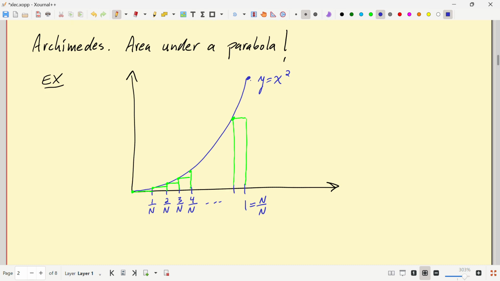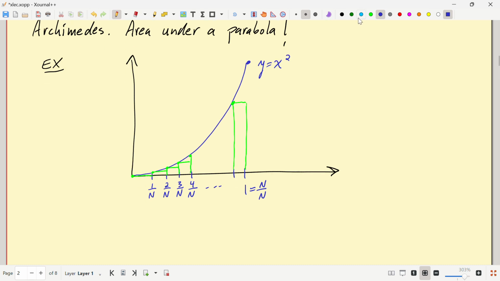Okay, and then if you look at the right endpoint version of that thing, I'll make it orange. Then you'd get some, let's see, if I take the right endpoint instead of the left endpoint, I'd get a rectangle with some height on that first one.